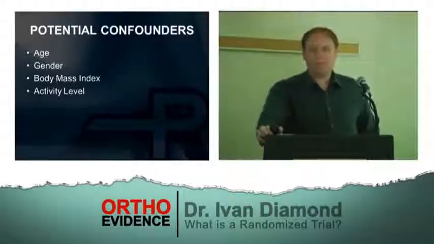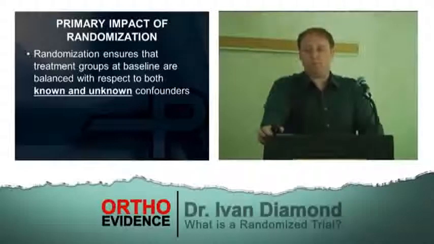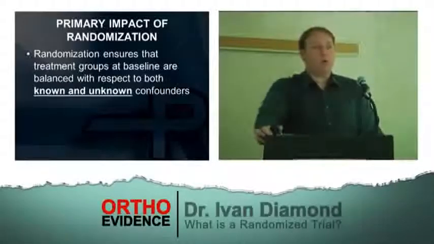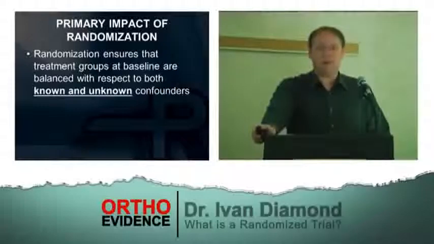What randomization does is ensure that your treatment groups at baseline are balanced with respect to both known confounders, those that we can predict, but also unknown confounders, because your groups are determined by chance alone.